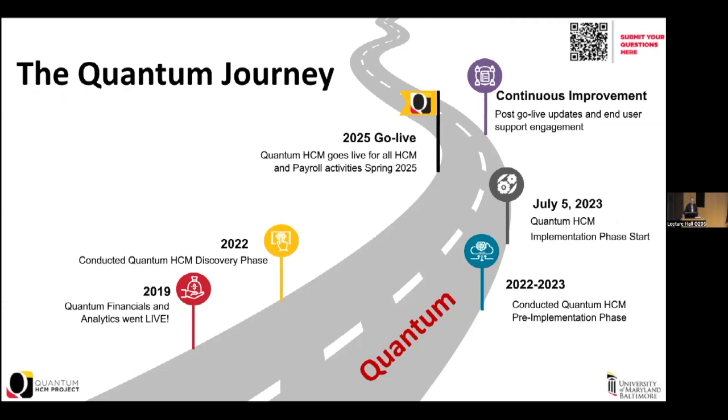Quantum journey. So I'm sure a lot of you are familiar with the term quantum. It's not new to UMB. The idea for quantum was conceived way back before 2019. That's the first stop that you see on the slide here.